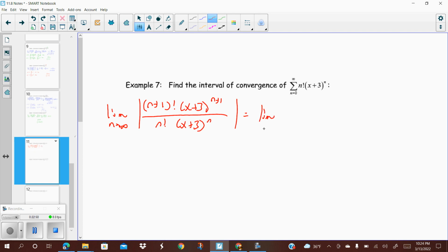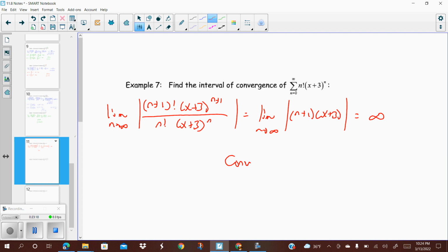So the limit as n goes to infinity, simplifying the factorials, it looks like we'll end up with an n plus 1 on top. Simplifying the polynomial part, it'll just be x plus 3 on top. So we're going to get n plus 1 times x plus 3. And since n is going to grow infinitely, we're going to get infinity here, which means the only way this is convergent is at the center.